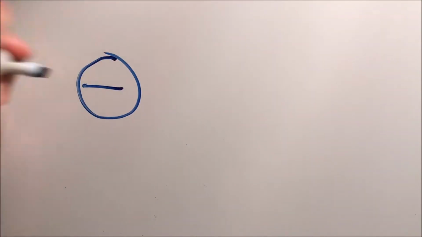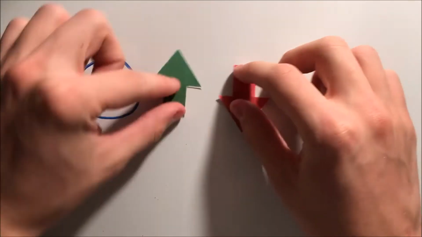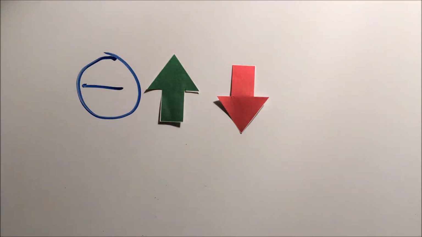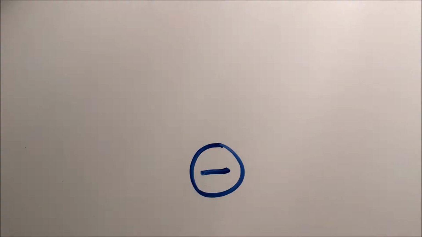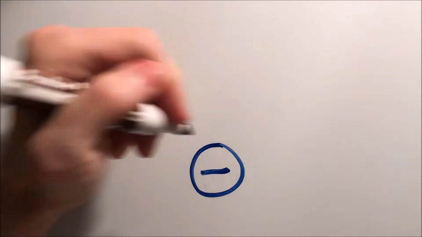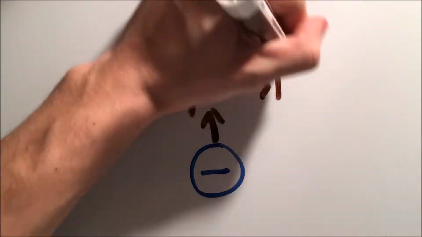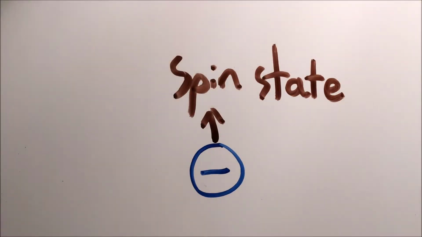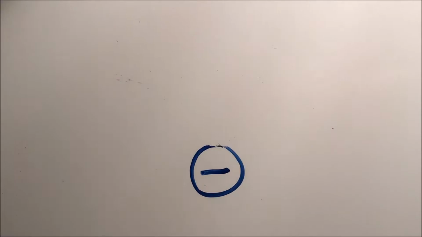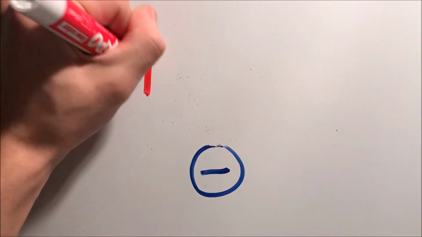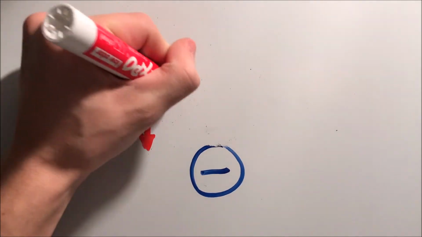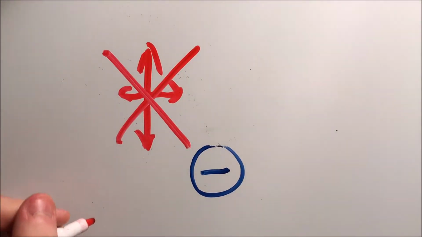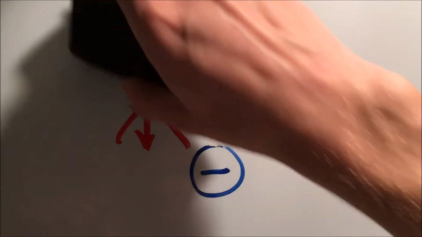Spin is a very hard thing to tackle conceptually, especially because of what comes next: entanglement. So as it stands, each electron on its own has a spin state. This spin state, however, is not set in stone. We can only measure the spin of a particle in one direction at a time via a detector.